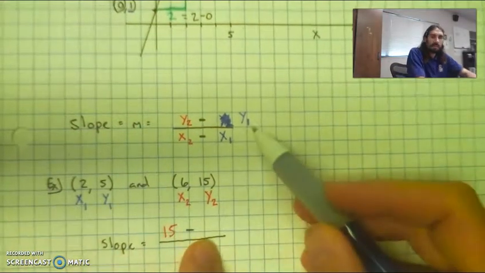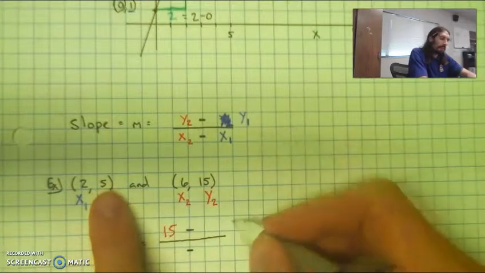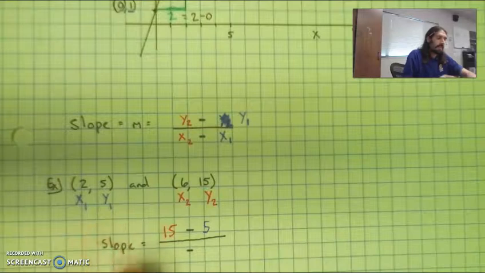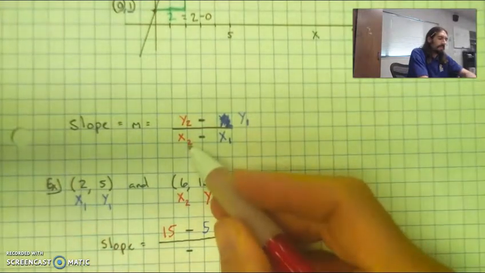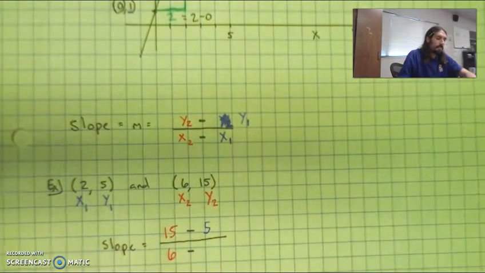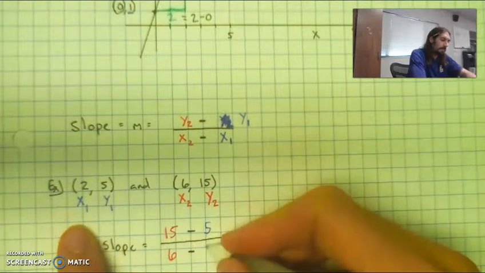Second position I have right here is y1. So I jump over to y1, which would be the number 5. Second row, I've got x2. x2 is the number 6. And then finally x1, which is going to be this number 2.